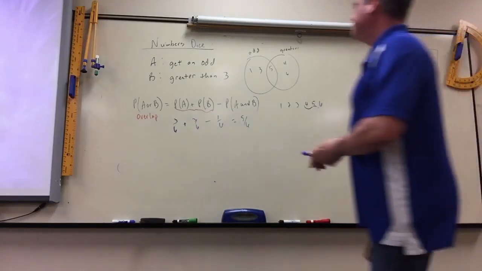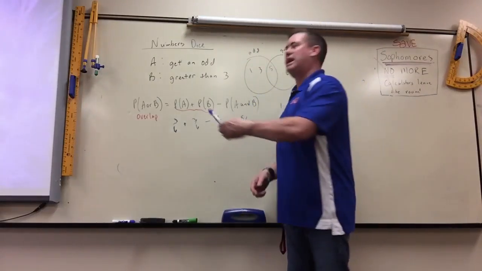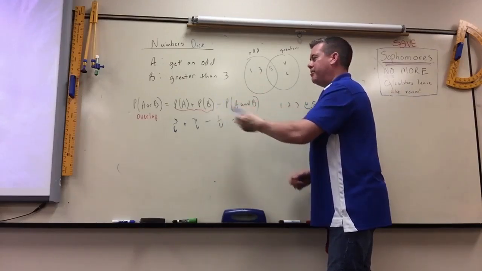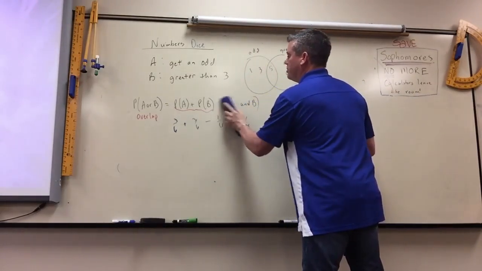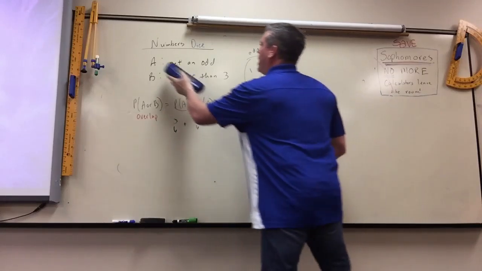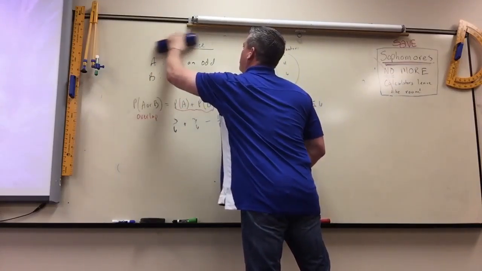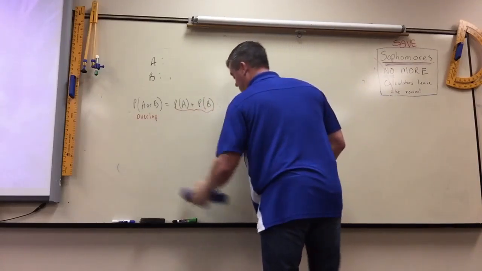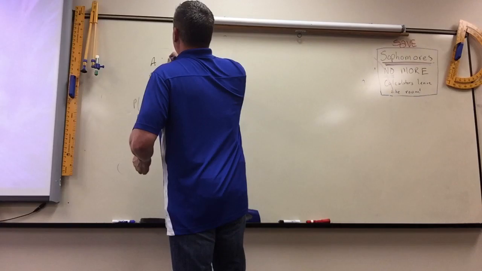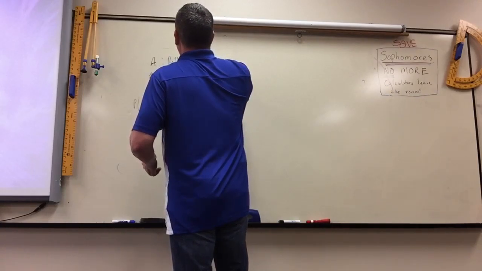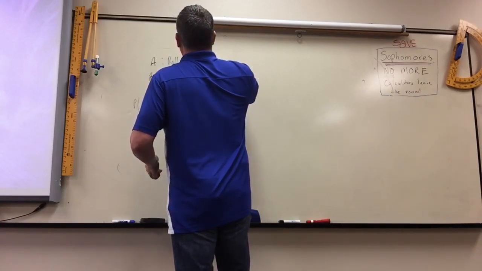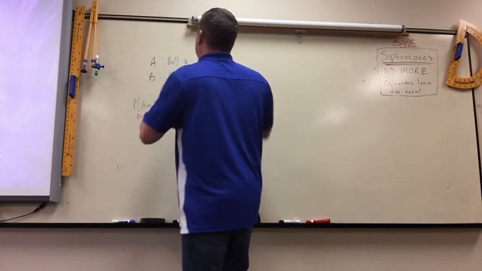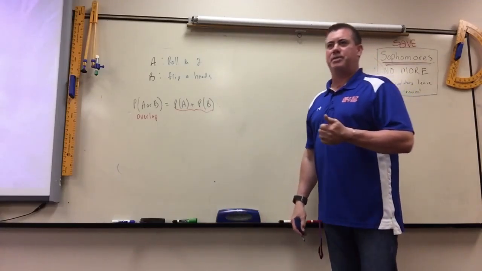Okay, so if they overlap, you've got to subtract them like this. If they don't overlap, so if we change this to rolling a dice and flipping a coin, those are two different things. So if you roll a 2 and then flip a heads, if we did a Venn diagram, none of these would overlap, right?